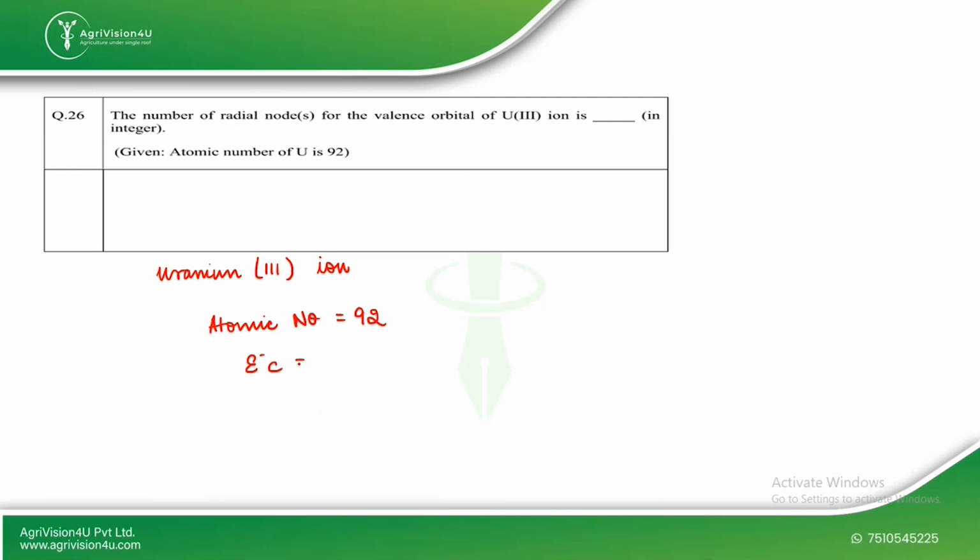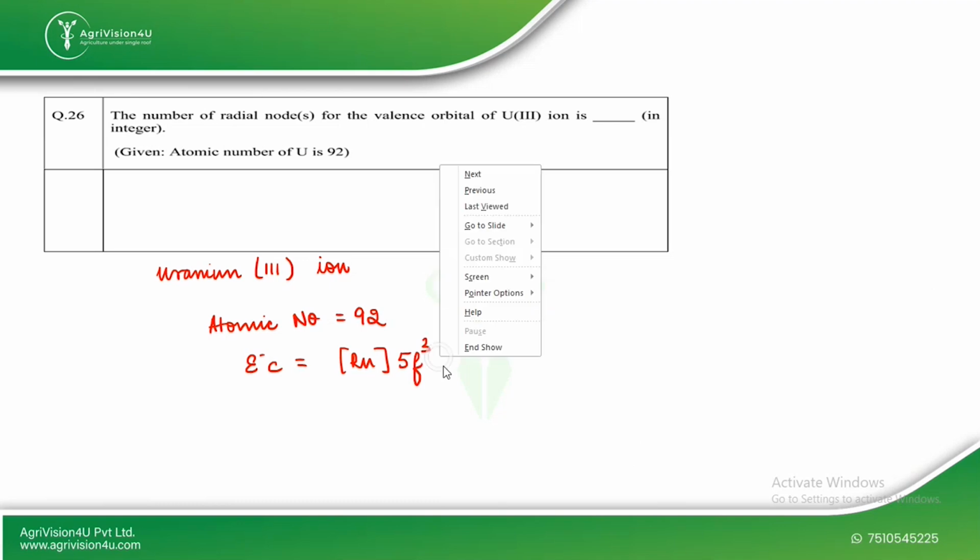The electronic configuration, if I write, will be radon 5f3 6d1 7s2.